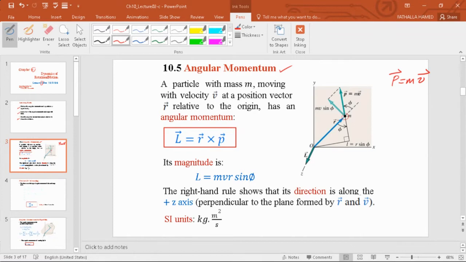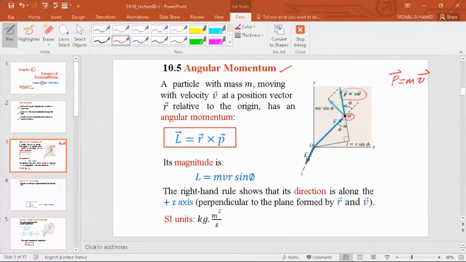So let's look at something that's performing a circular motion here, like this mass m. This mass here will have a velocity v, so it will have a linear momentum mv. Now, if this is a circular motion, you know that we always take the tangential velocity.